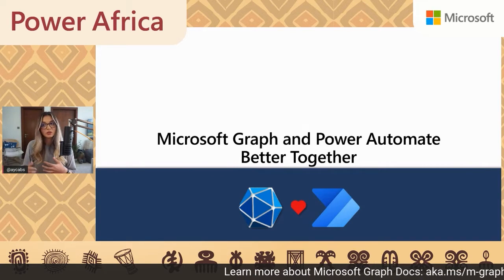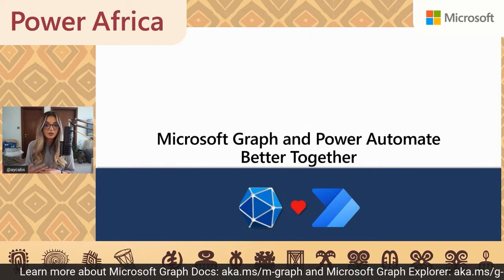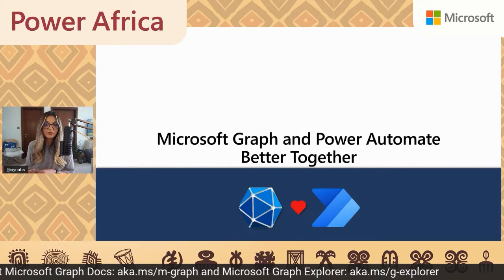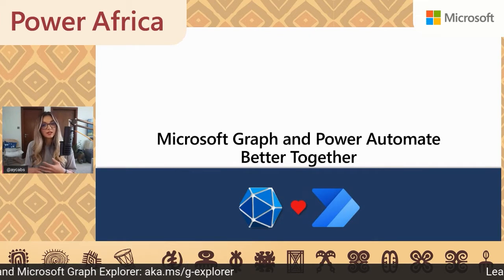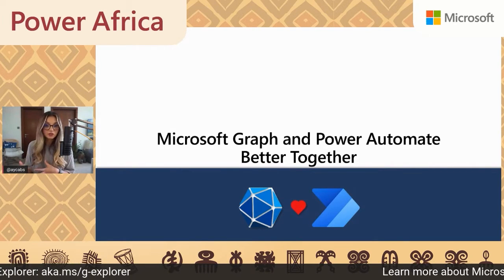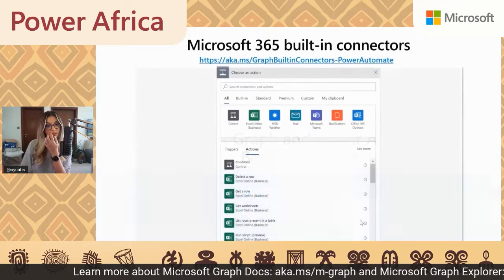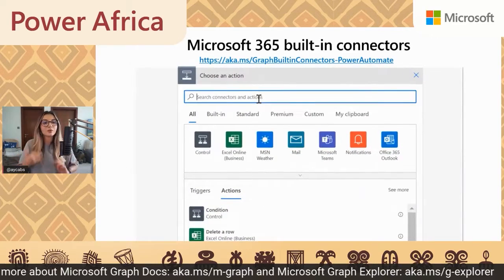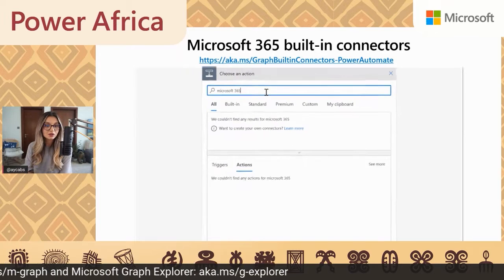First of all, if you have tried to use Power Automate before, you may realize that there are a lot of Microsoft 365 connectors already in there. So we have calendar, we have emails. There are a lot of great connectors you can use to build productive scenarios. So it's quite useful already if you try them out before, or if you're just trying right now, just type Microsoft 365.